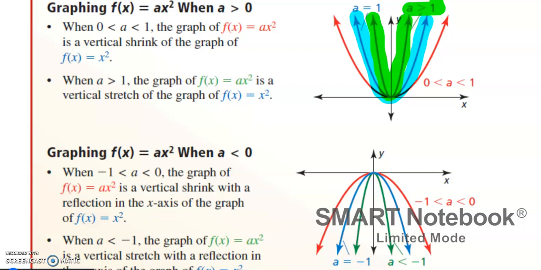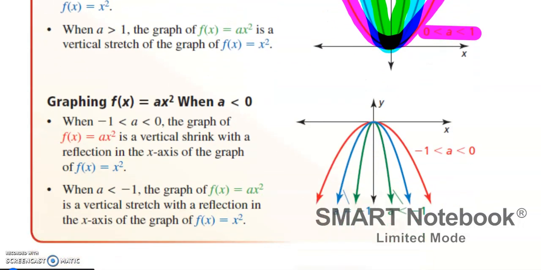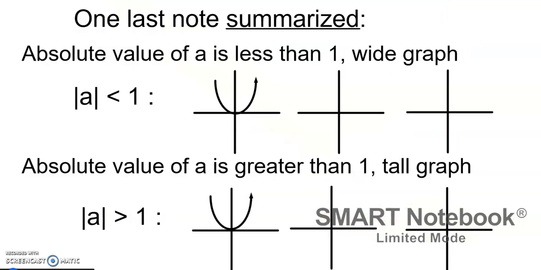And notice when A is in between 0 and 1, it's going to be wider. And it happens the exact same way down here. When it's closer to 0, it's going to be wider. This is our mother function, and this is when A is going to be greater than 1.